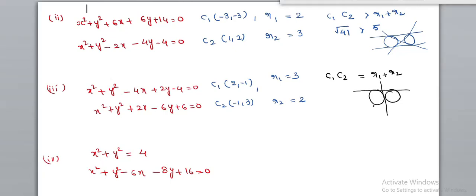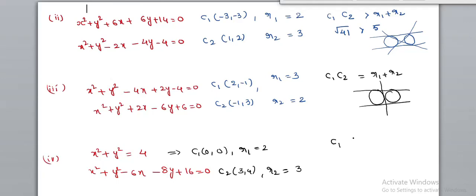1, 2, 3. Same. Please observe, x square plus y square is equal to r square form. Center 0 comma 0, radius square root of 4, that is the value 2. Center 3 comma 4, radius the value is 3.